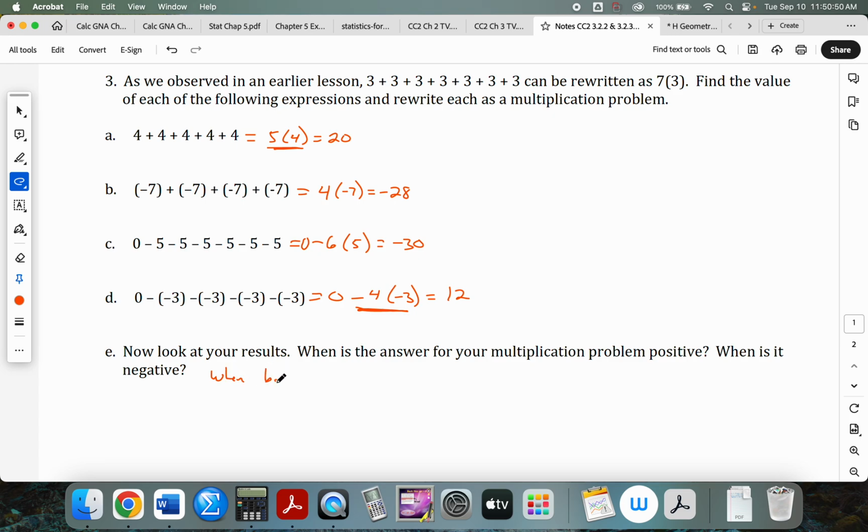When both numbers are positive or both are negative, the answer to the multiplication is positive.